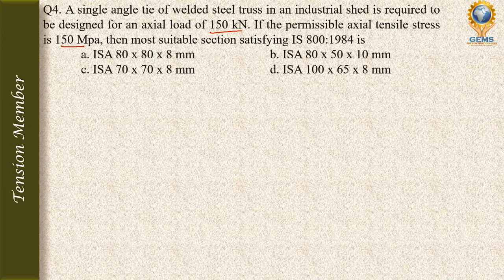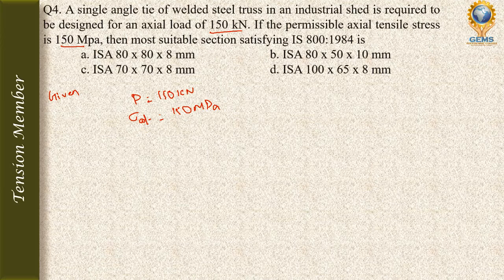In this question, the axial load P is 150 kilonewton and sigma at is given. From these two, we have to choose which section from the given options is suitable.